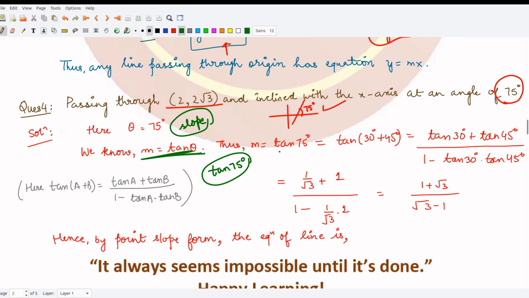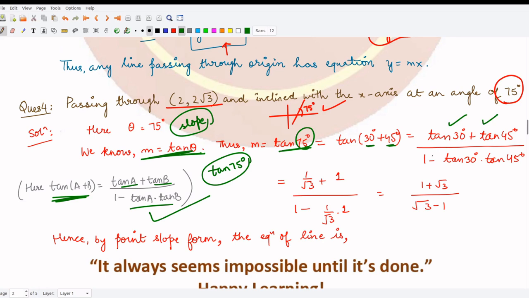We can break 75 into 30 degrees plus 45 degrees and use the formula for tan(A+B), which is (tan A plus tan B) divided by (1 minus tan A tan B). You might have studied this in the trigonometry class. So you can substitute the values of tan 30 degrees and tan 45 degrees.